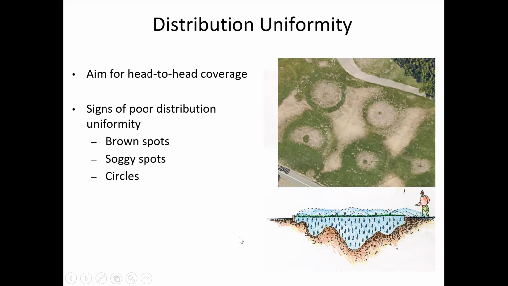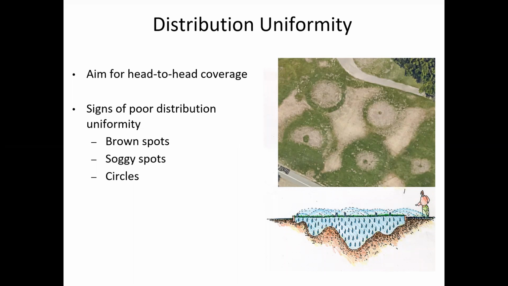It's overwatering in some areas, and this can cause a lot of issues, because you can just crank up your irrigation timer for more time to irrigate some of the areas that aren't getting enough water, but you're going to be overwatering other areas, and that's why you're seeing circles or brown soggy spots.